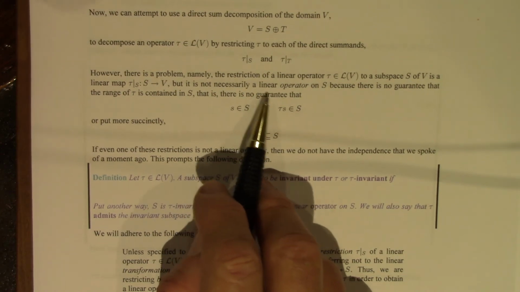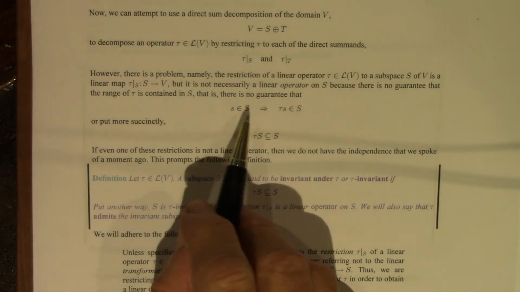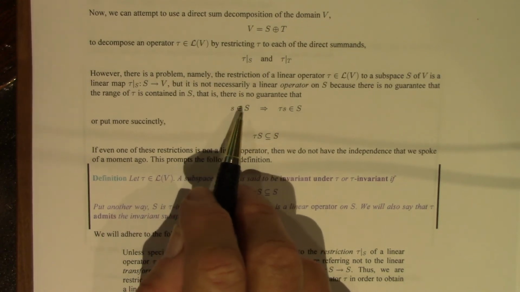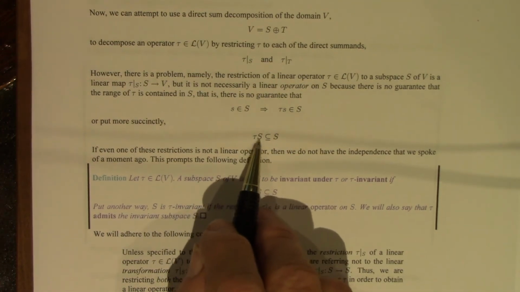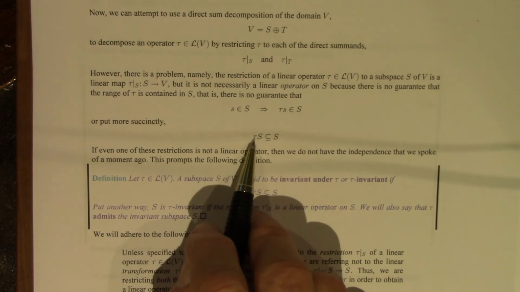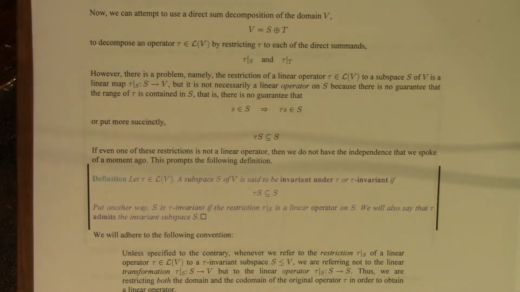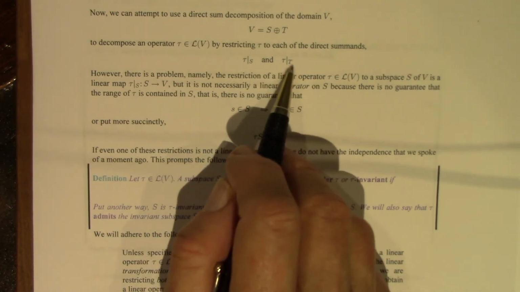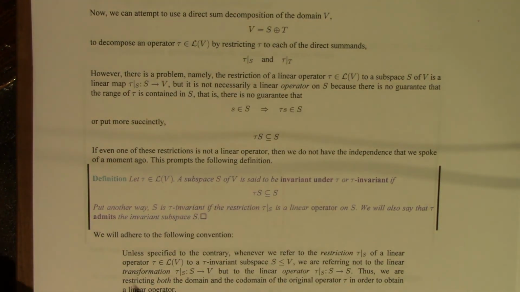In order to guarantee that, say, the restriction of tau to S is a linear operator on S, it must be the case that for every vector in S, its image is also in S, not just in V. Or put more succinctly, tau of capital S is contained in capital S. So if this holds, and if it holds also for capital T, tau of capital T is contained in capital T, now we have two linear operators on two subspaces that are, well, independent, you might say, essentially disjoint, and we've really decomposed tau into two separate independent pieces.